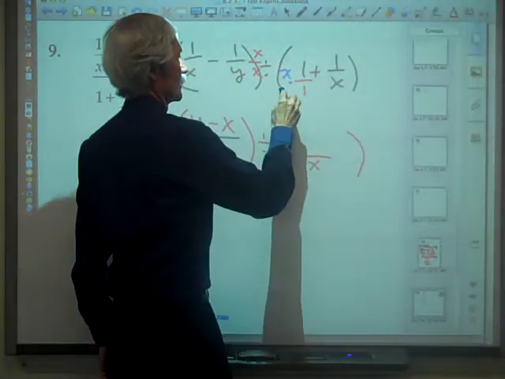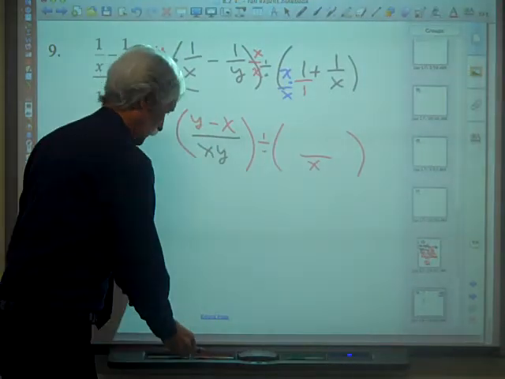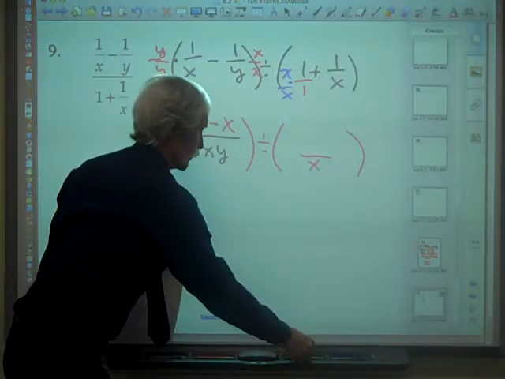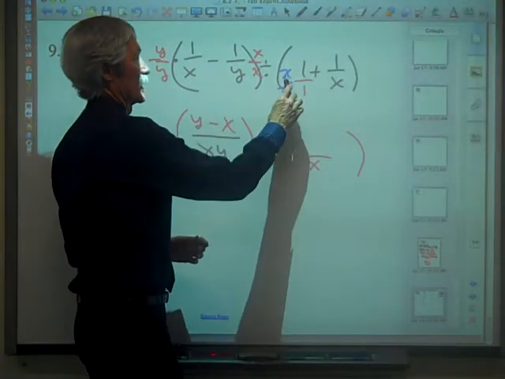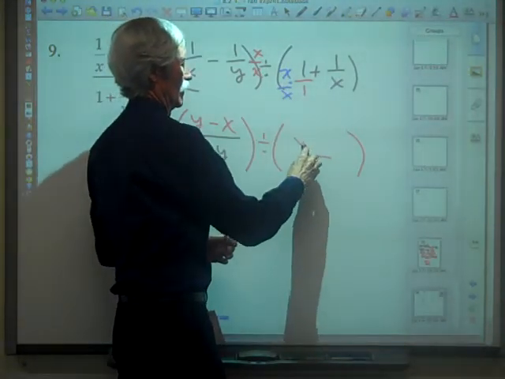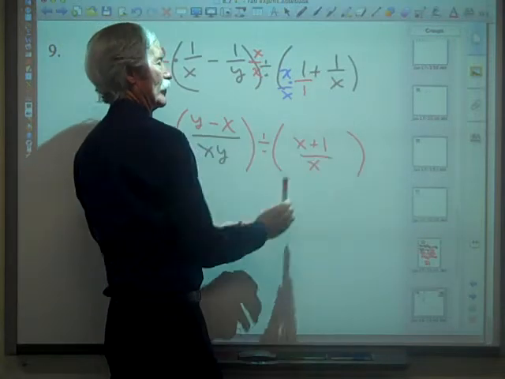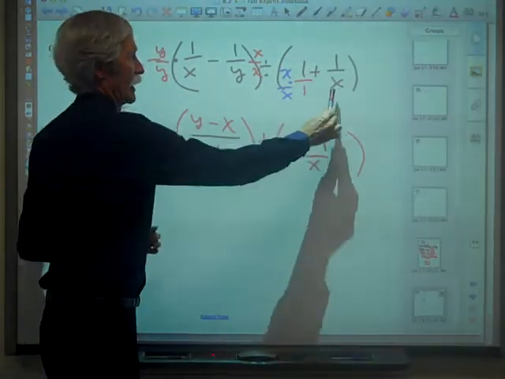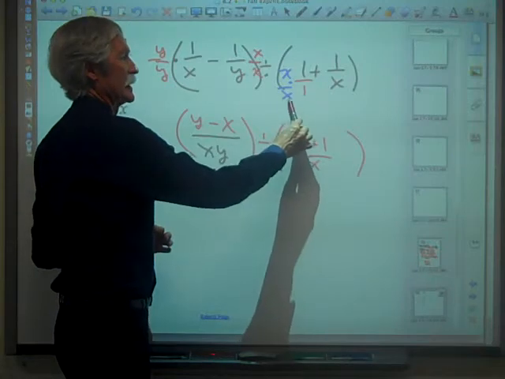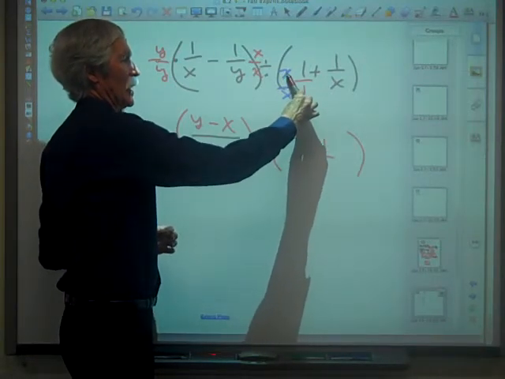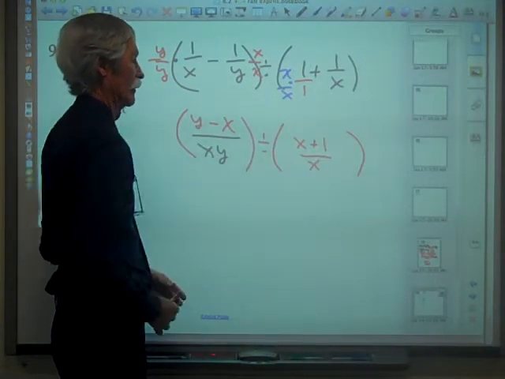It needs an x. And what does that make? X plus 1. So that had the common denominator already. This needs x on the bottom, so you need an x on the top as well, so multiply there.